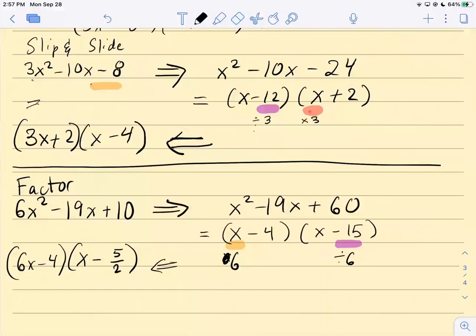So if you want to get rid of the fraction, you can notice that on the left factor there's a 2 in both of the terms. So you can do 3x minus 2, take out a 2, and then bring that 2 inside the other one. That would give you 2x minus 5. So both of these are totally okay. They're both factors. They just look a little bit different, just the fact that the 2 moved from one of them to the other.